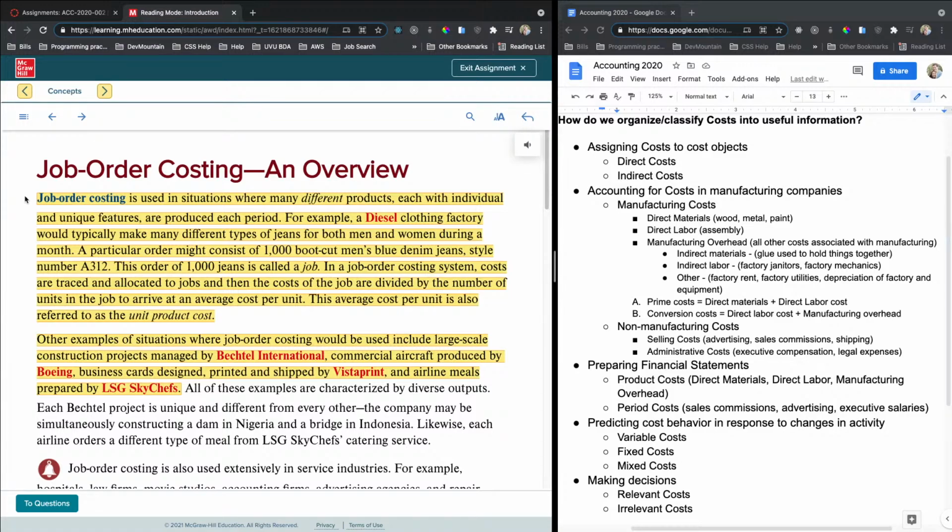It's not the best example, but this average cost per unit is referred to as the unit product cost. So per unit, you have an idea of, okay, that's pretty basic math, it seems like. Costs are traced and allocated to jobs, and then the costs of the job are divided by the number of units in the job to arrive at an average.